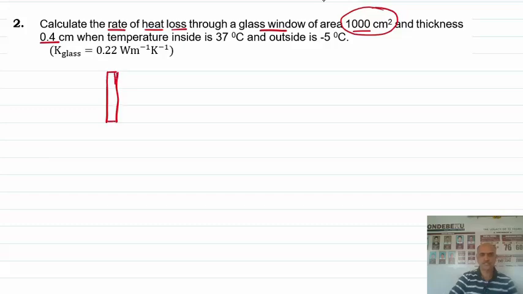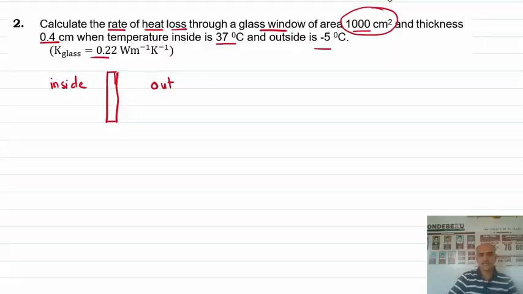It is straight, this is inside and this is outside. The area is given as 1000 centimeter square, the thickness, the inside and outside temperatures, and the thermal conductivity of glass.